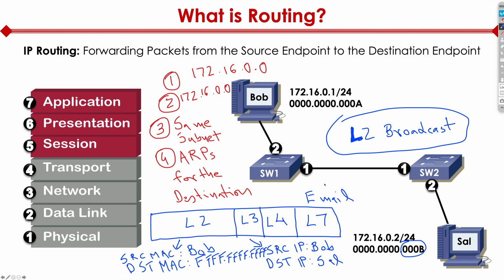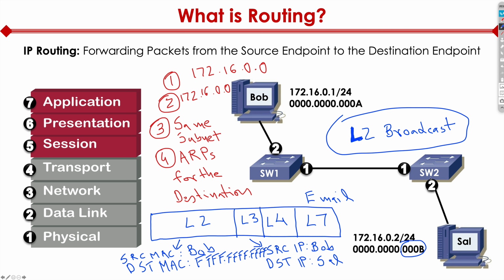Sal will also update its ARP table. What that also does for us in the middle is that switch 1 and switch 2 will also build their MAC address tables when this happens.